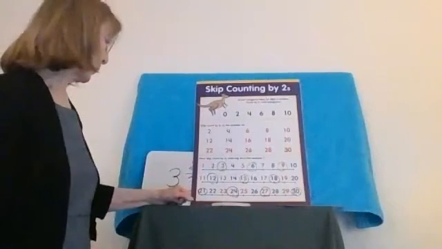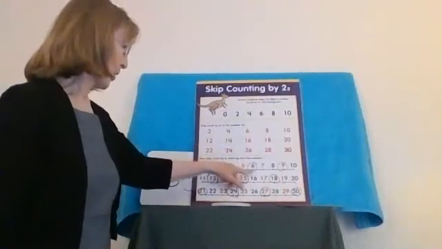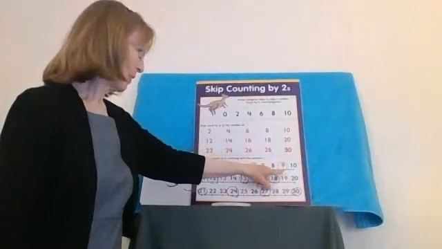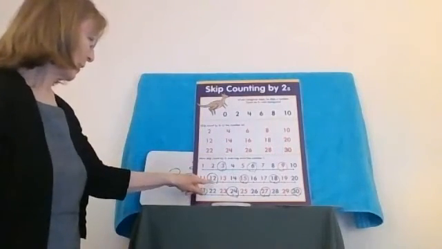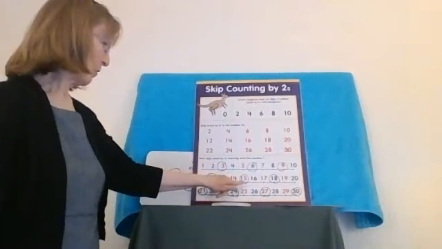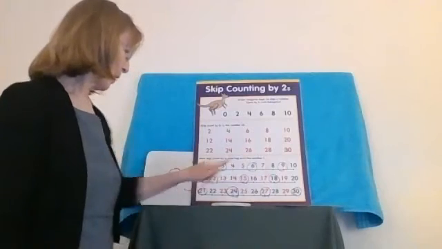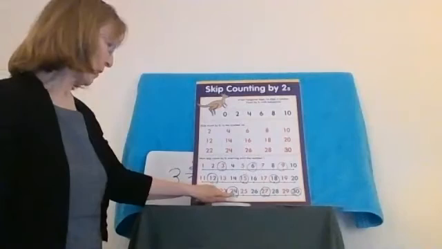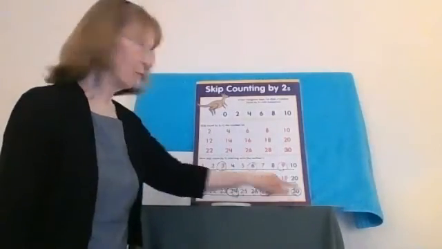Okay, here we go. 3 times 1, 3 times 2, 3 times 3, say the number. 3 times 4, 3 times 5, 3 times 6, 3 times 7, 3 times 8, 3 times 9, 3 times 10.